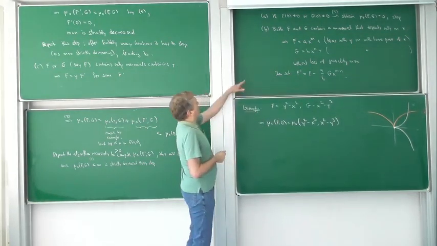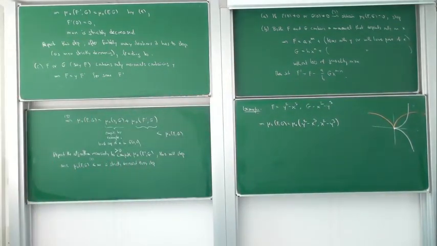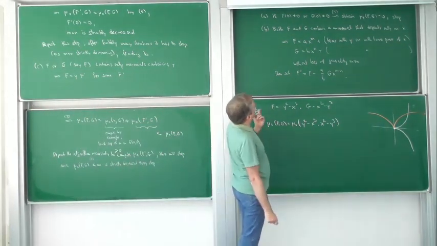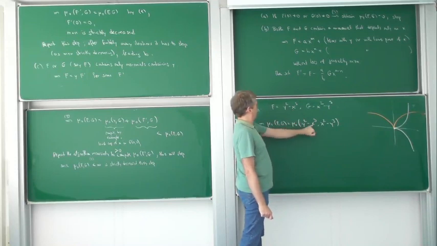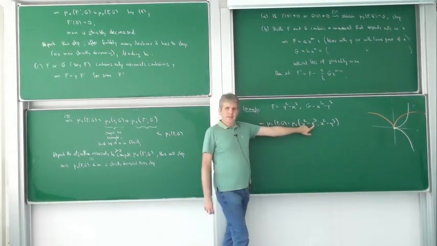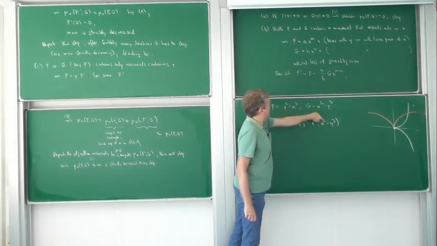Then actually we are not in case A because both curves pass through the origin. So we are in case B because f and g both contain a pure x term, right? So there's a pure x term here and there's a pure x term here. And this is the higher one. So we'll use the algorithm B up there where this is f and this is g.